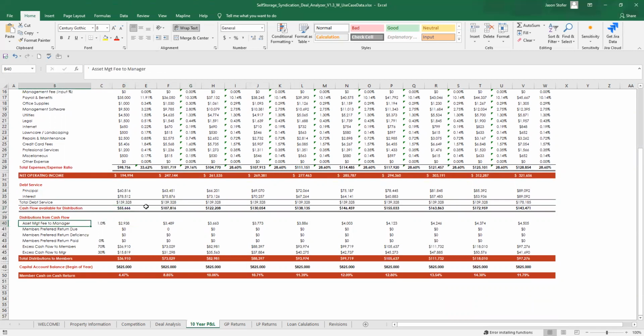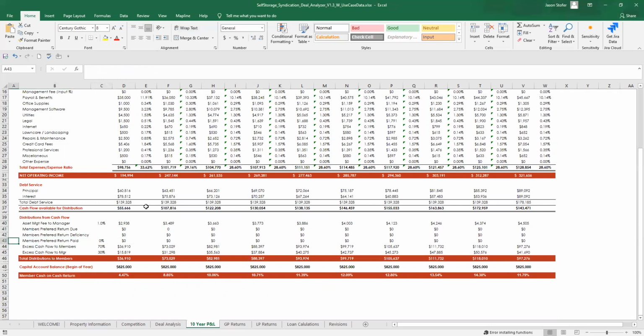And then if you're charging an asset management fee, that 1% or 1.5, whatever you charge, is going to come out before being distributed to anybody. That's the first thing that comes out. Even if there's a pref, that asset management fee gets deducted first. So that's good to remember.